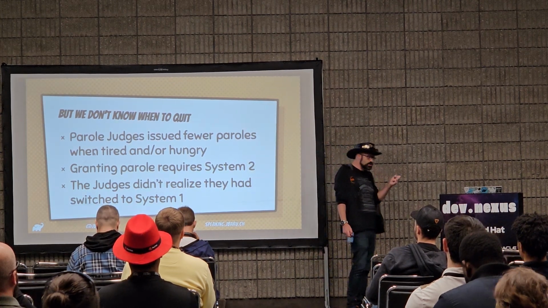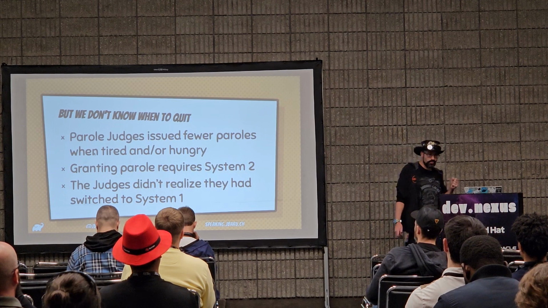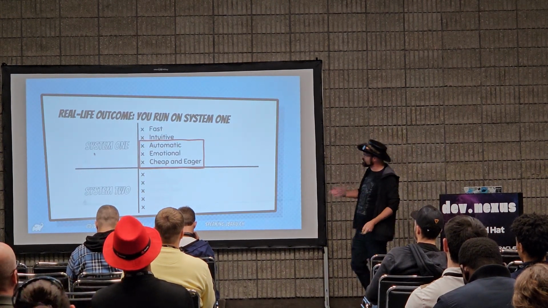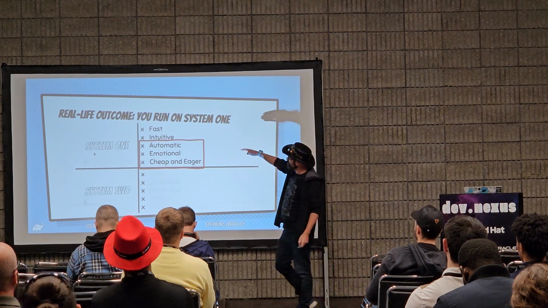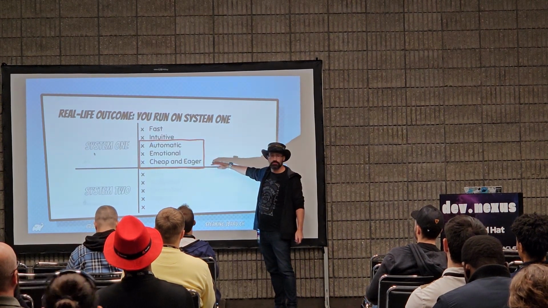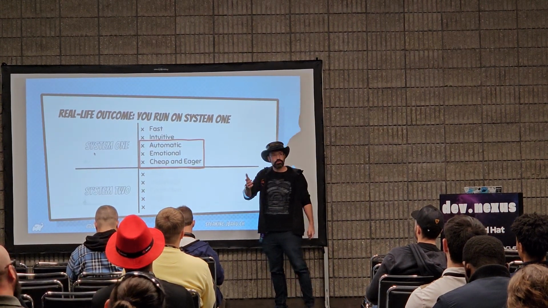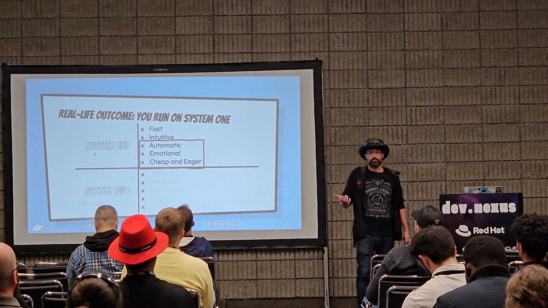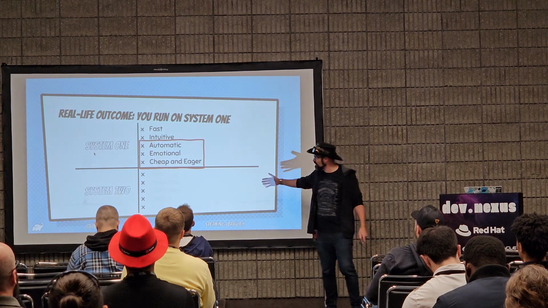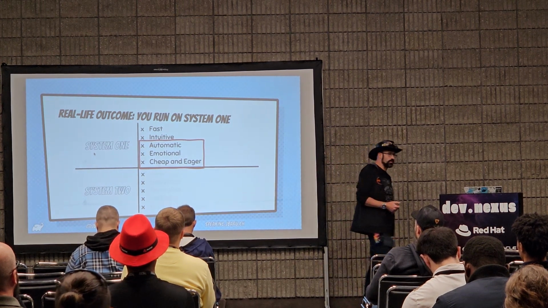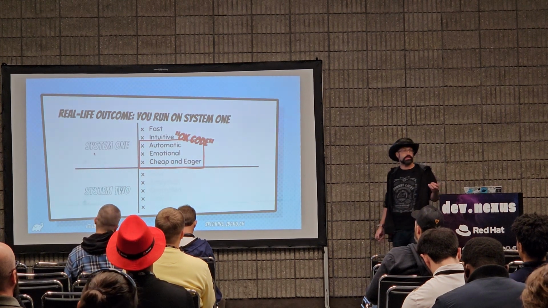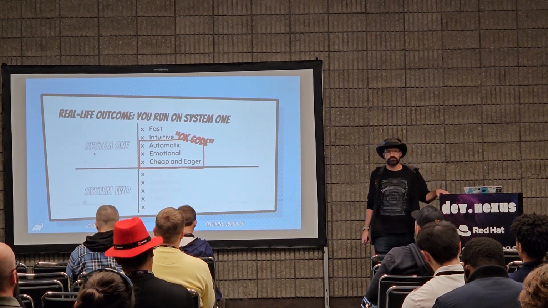Now, if judges do that, we do that as well. And then we switch to an automatic, emotional, kind of knee-jerk reaction in our code instead of doing the slow, analytical, and controlled. What it produces is OK code.